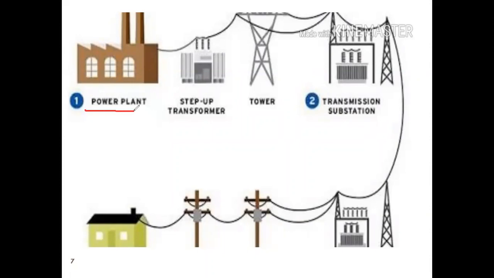The first one is the power plant. 11 kV supply is produced in this plant. Then the step up transformer. Step up transformer means it steps up the 11 kV supply to the 220 kV supply.